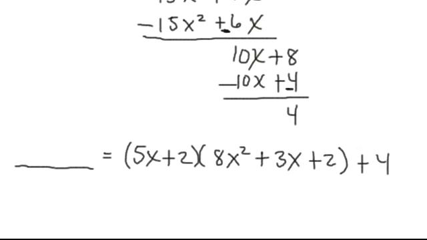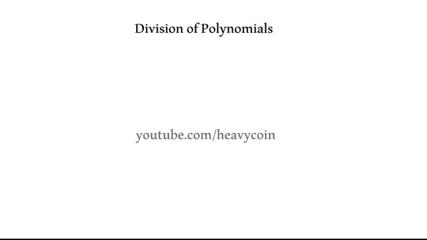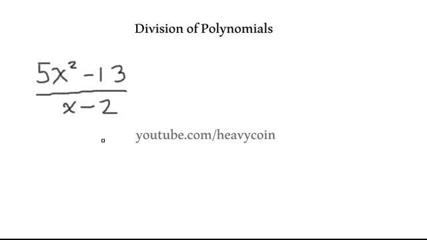Okay, so we're going to move on to something a little different. Not really, but another possibility that you could see. Alright, so we have 5x squared minus 13, and that's over x minus 2.